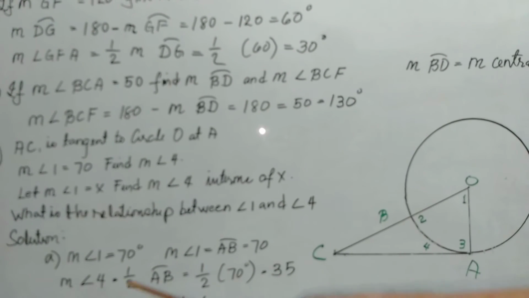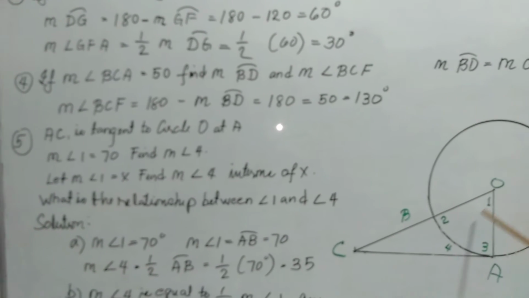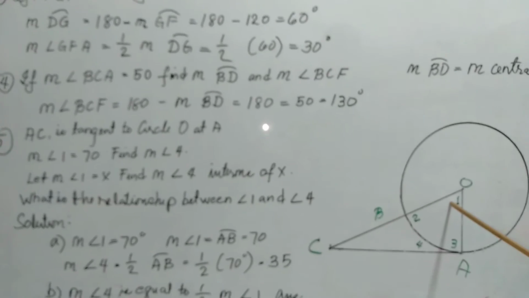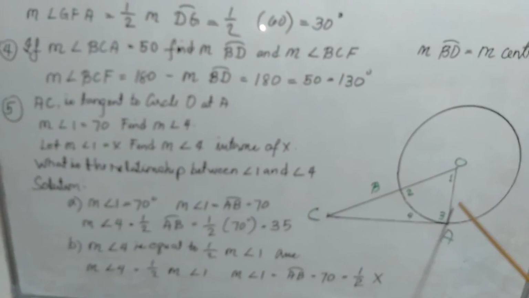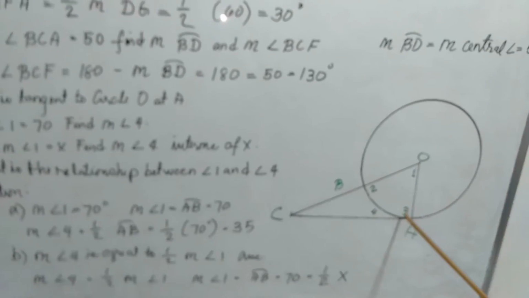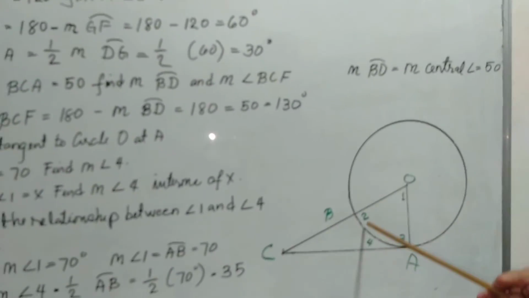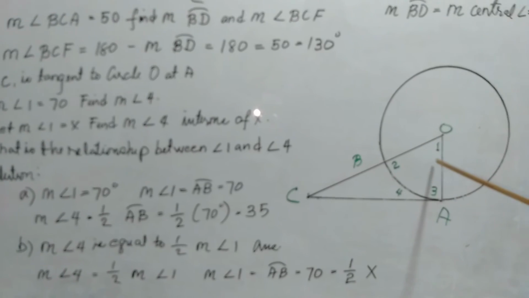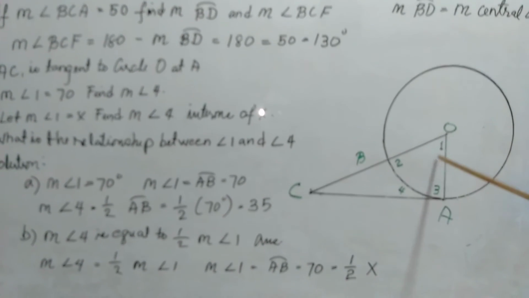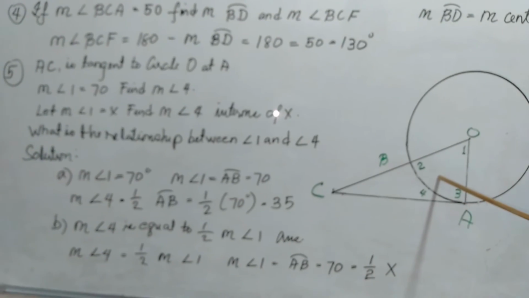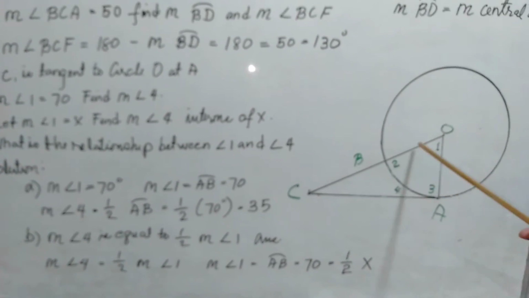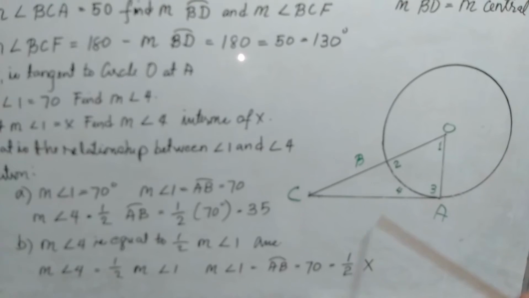For our solution for number 1, since the measure of angle 1 is given as 70 degrees, the measure of angle 1 is equal to the arc. The measure of the intercepted angle will always be equal to the central angle. So if this is 70 degrees, the arc formed here is 70 degrees. They are equal, angle 1 and arc AB.